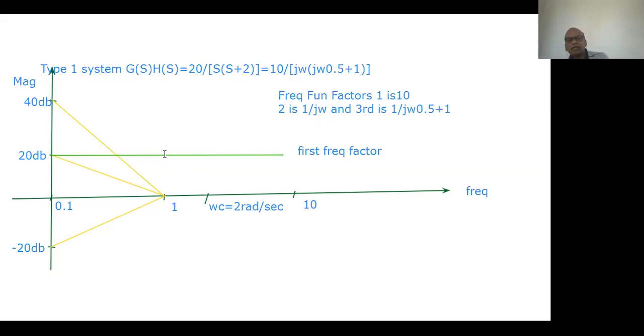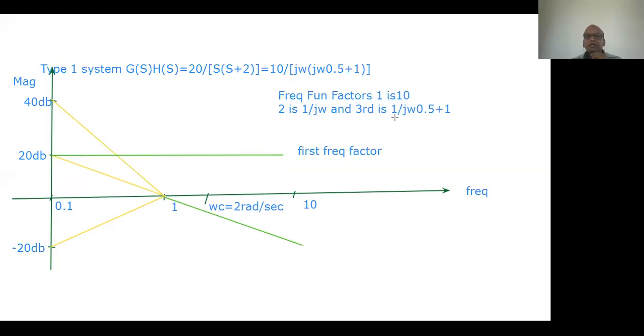Draw a straight line with a slope of minus 20 dB per decade passing through the magnitude 20 log 10, equal to the 20 dB point at omega equal to 1. This is the asymptote for the integrator frequency function factor.